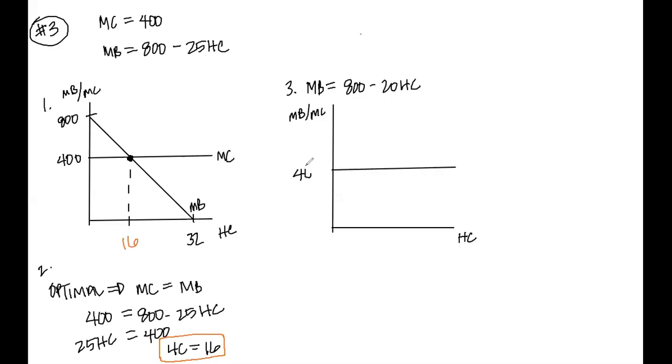I did not make that very straight, but hopefully you get the idea. So changing this equation is going to change our intercepts a little bit. When HC is 0, we still have the MB, MC intercept as 800, but now the HC intercept is going to change. So MB equaling 0 is going to make HC 30. Nope, it's going to make it 40.